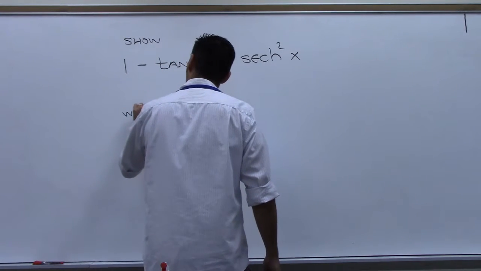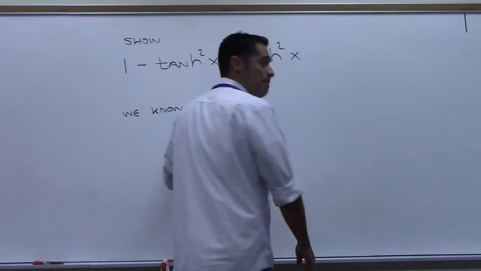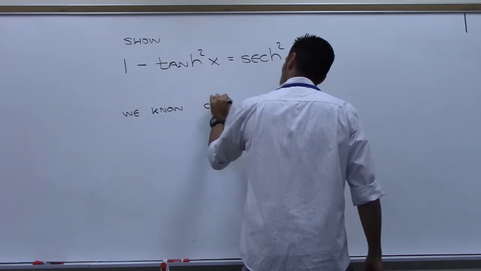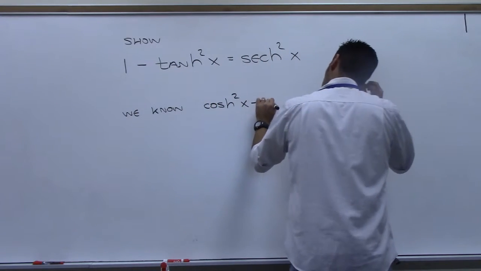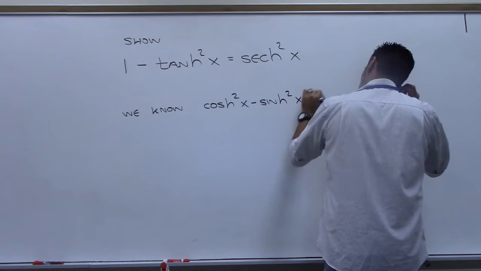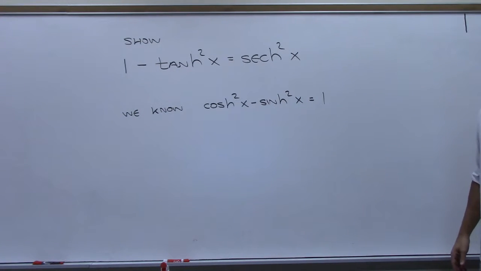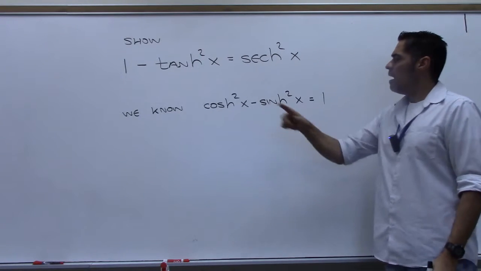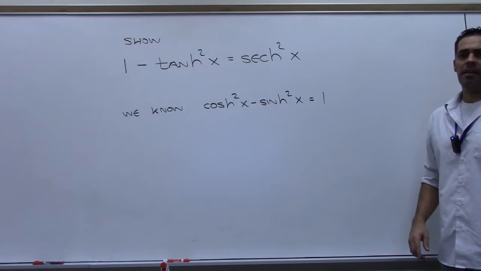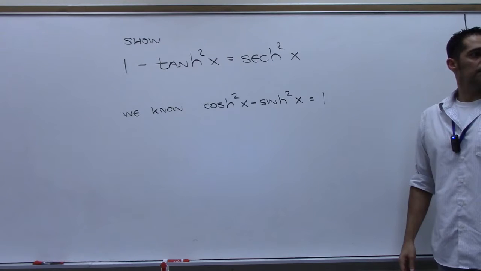Then instead, what we could do is this. We know that cosine hyperbolic squared x minus sine hyperbolic squared x equals 1 because we just showed that, right? Why don't I divide everything here by cosine hyperbolic squared x?